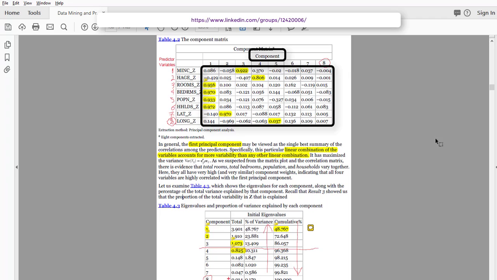Yeah. Okay. And the third result, I think it's the simpler. It says that the proportion of the total variability in Z is explained by the eigenvector of the component. So it means that I will show you. Sorry.